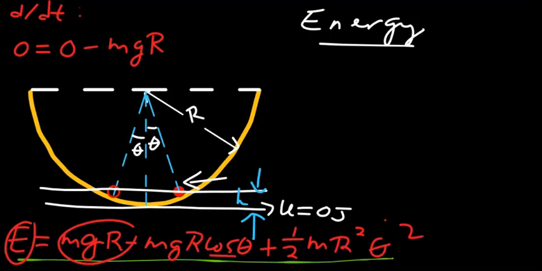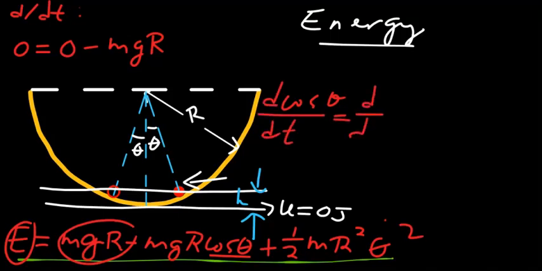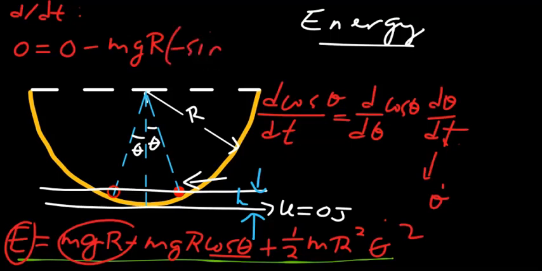When you take the derivative of cosine theta with respect to time, that is d over d theta of cosine theta times d theta dt using the chain rule. This is just theta dot. So that becomes minus sine theta theta dot.